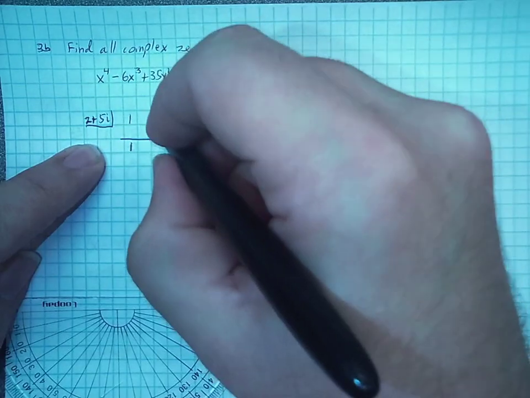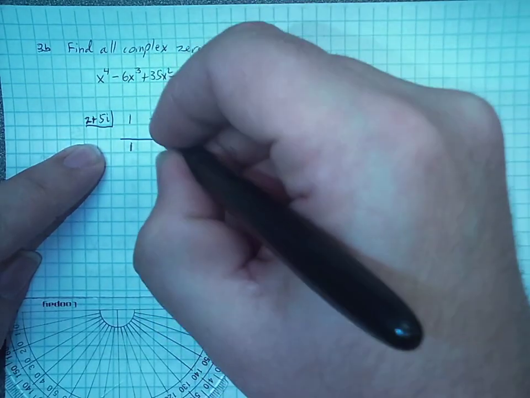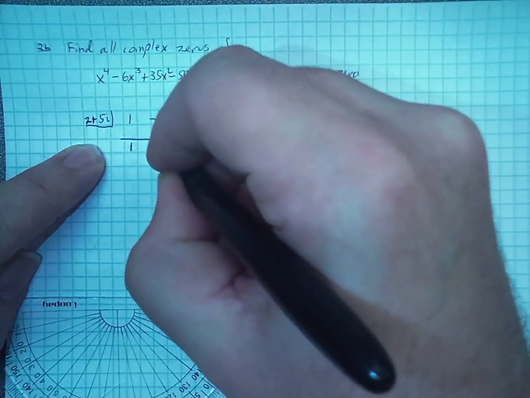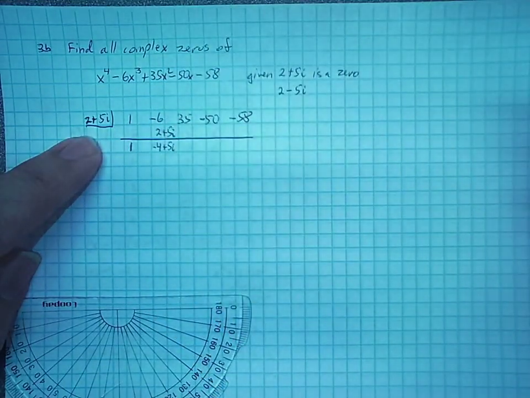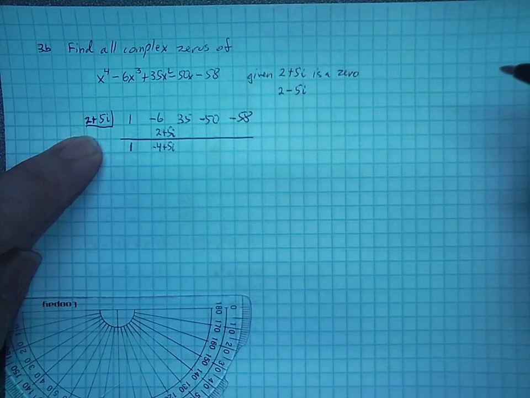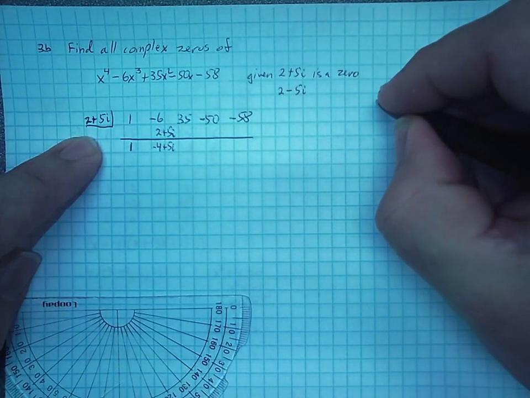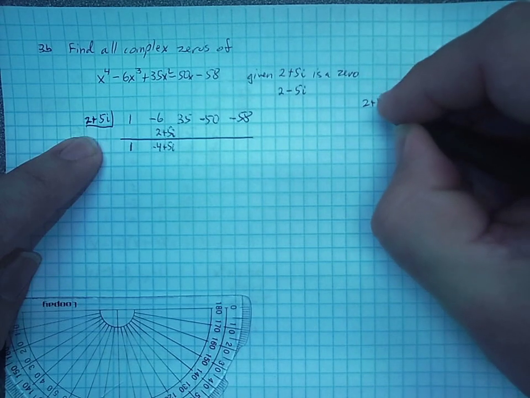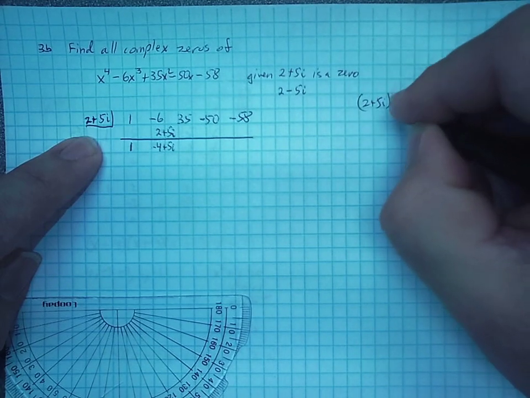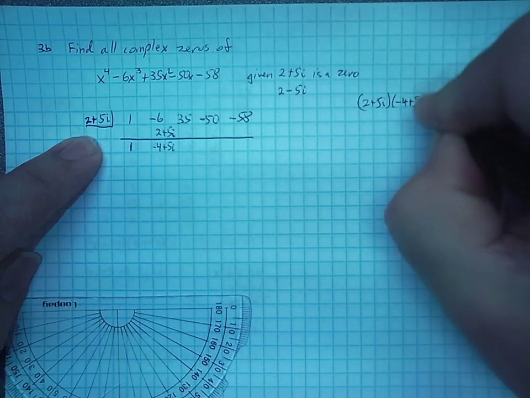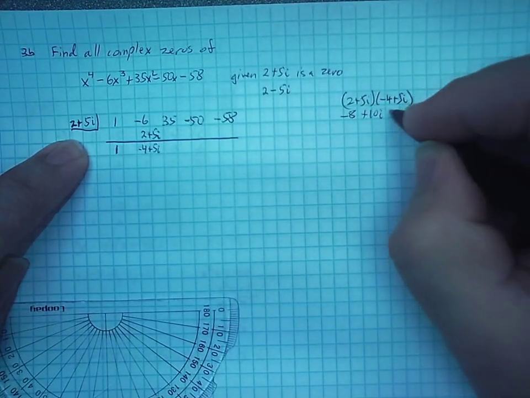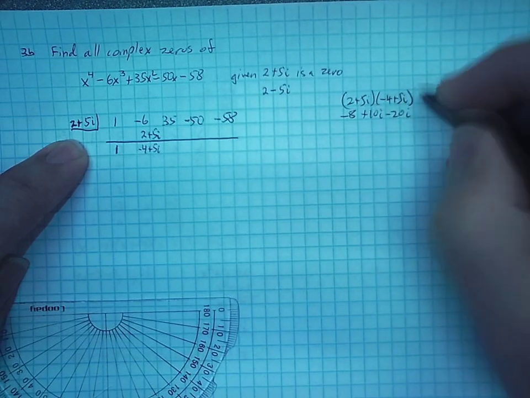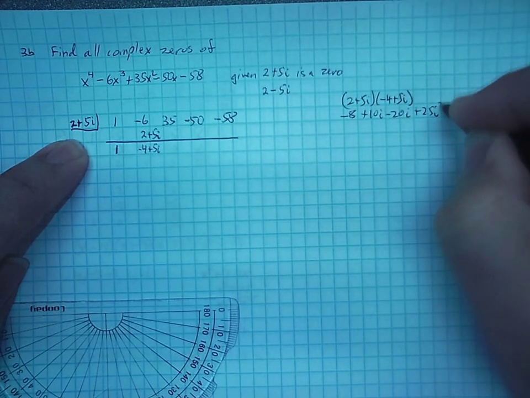I definitely wanted more room. Then when I combine like terms, this is negative 4, and the 5i just hangs out. But when I multiply negative 4 plus 5i times 2 plus 5i, I'm going to have to FOIL. So let me do that over here. 2 plus 5i times negative 4 plus 5i is negative 8, plus 10i minus 20i plus 25i squared.